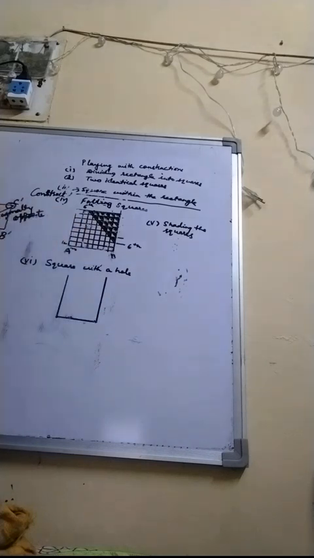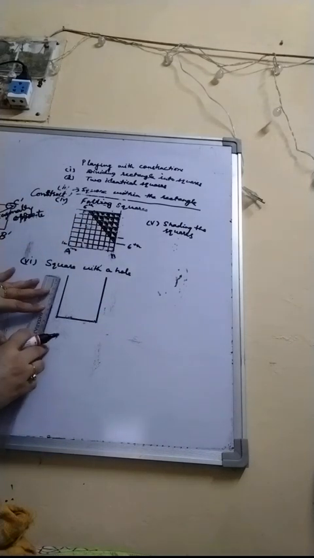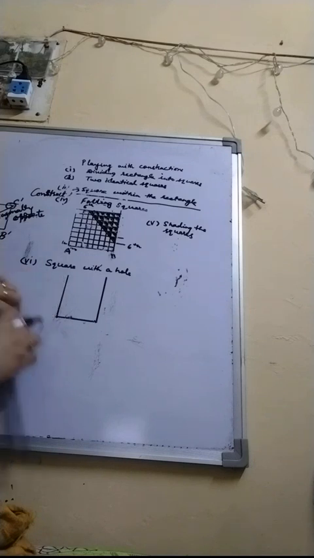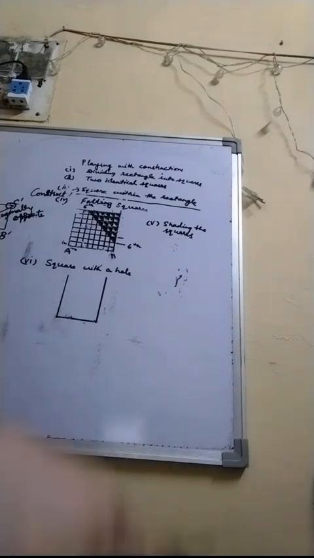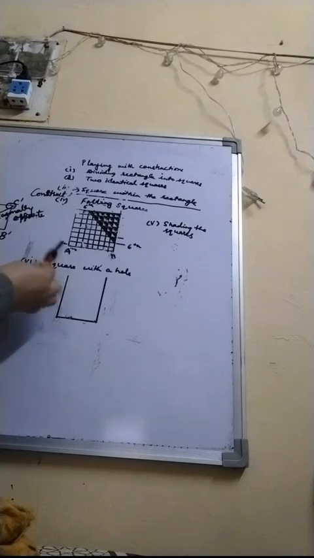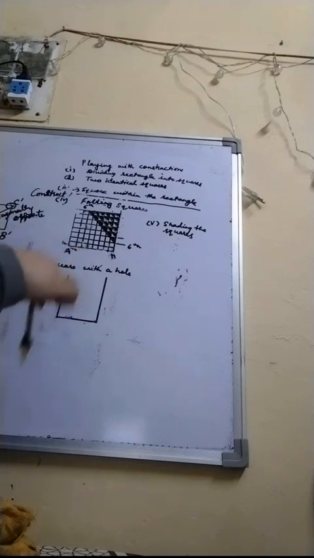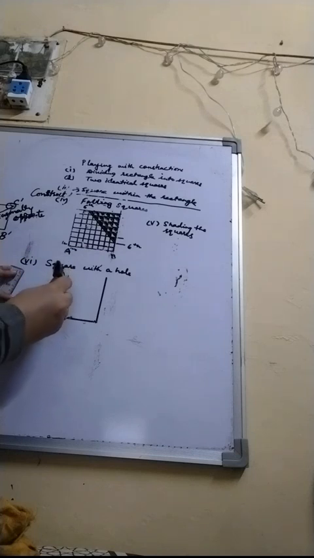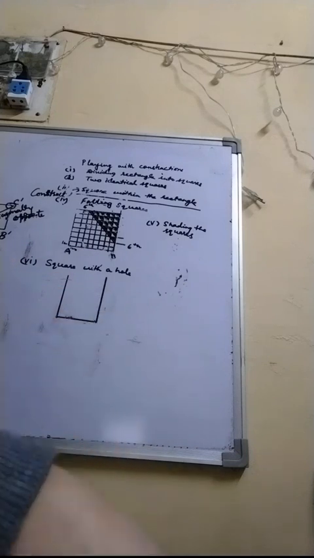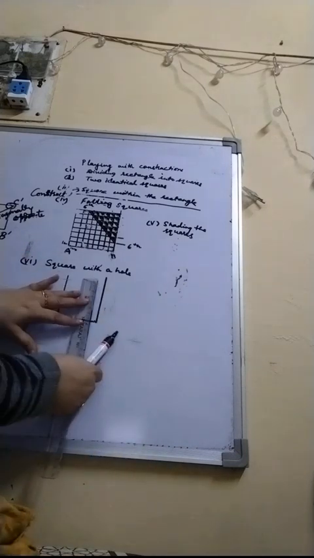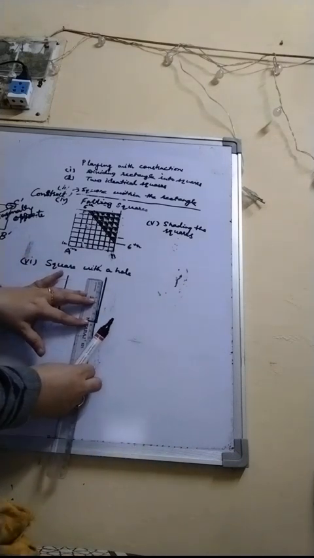Now from the ruler we will take 7 centimeter. From the compass also you can take. So let's do both. In one of them I would take with compass. So this is 7 centimeter. This is 7 centimeter. And second I would show you that you can do it with ruler also.